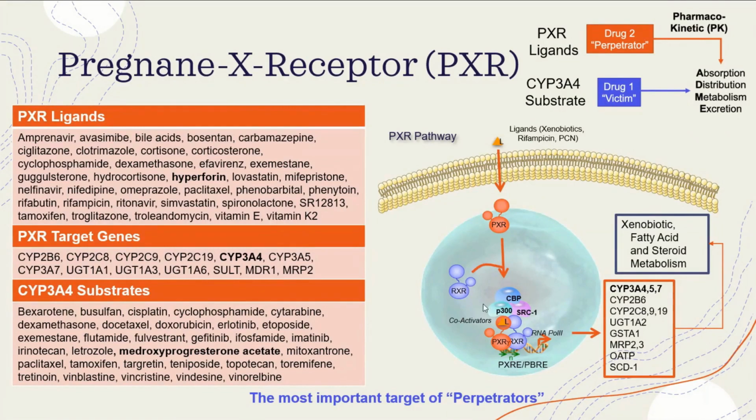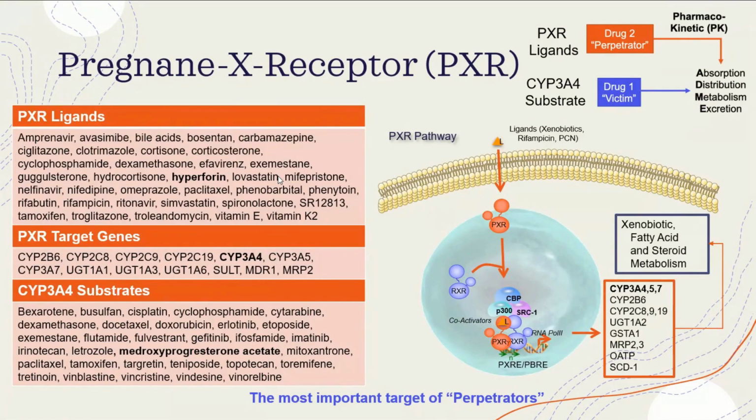Now I have an interesting example shown here with really how PXR came to prominence. And this has to do with a chemical found in St. John's wort called hyperforin.